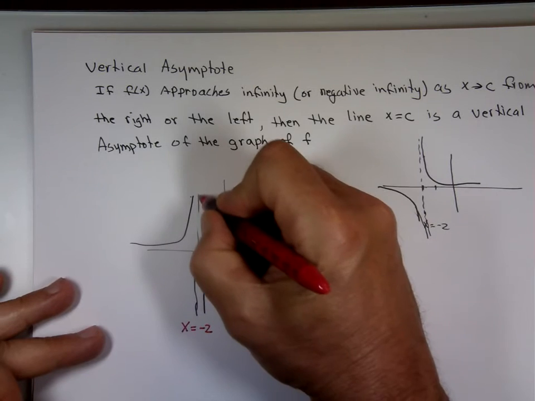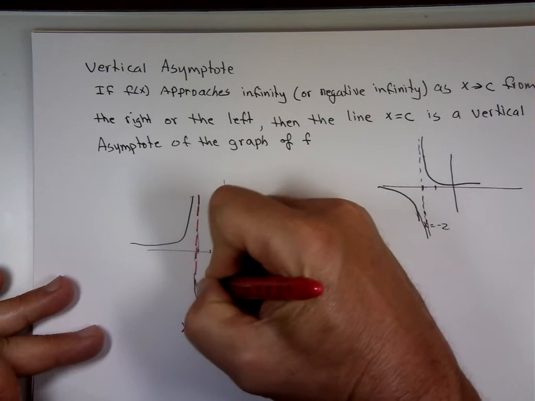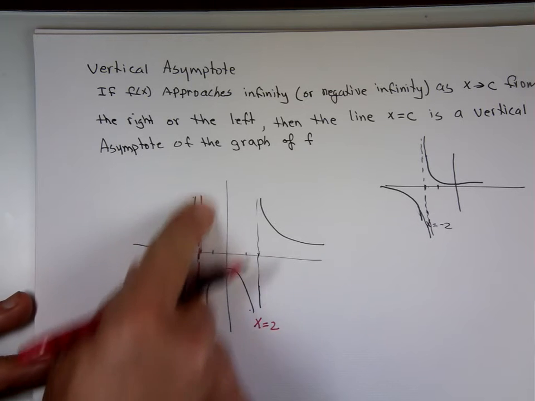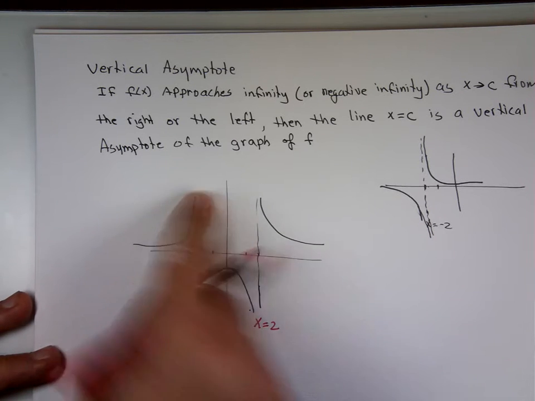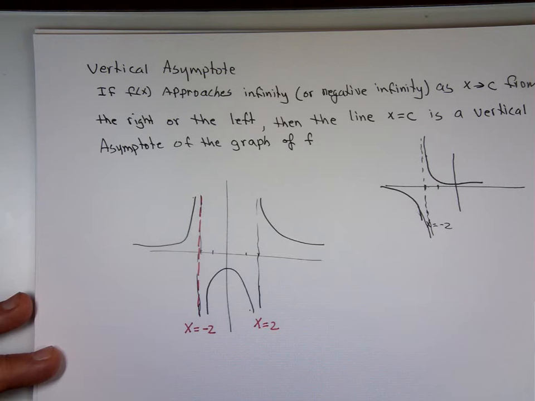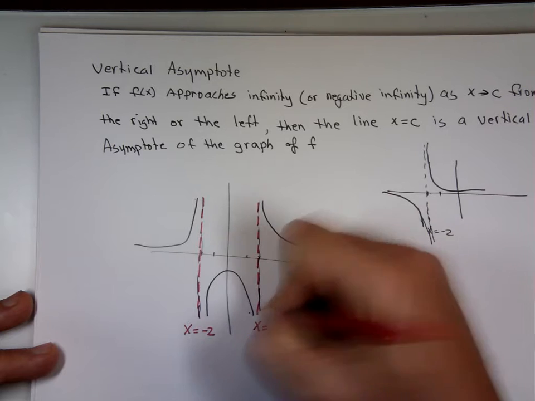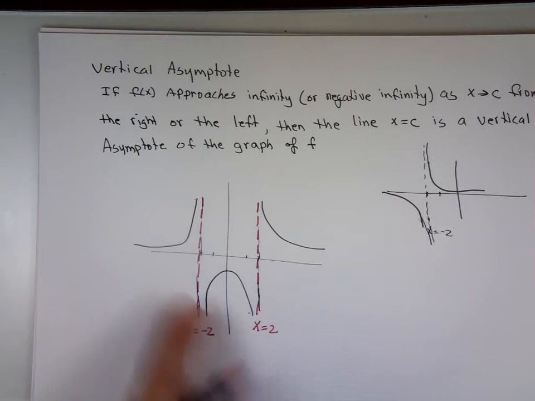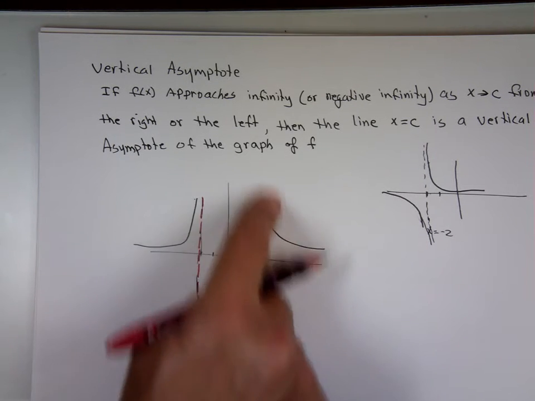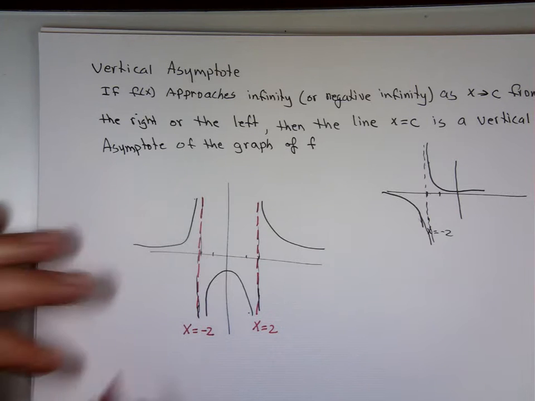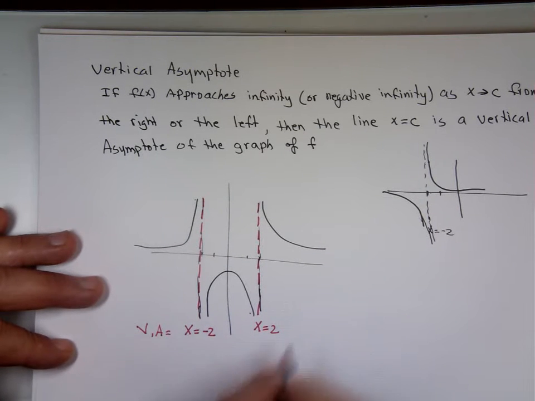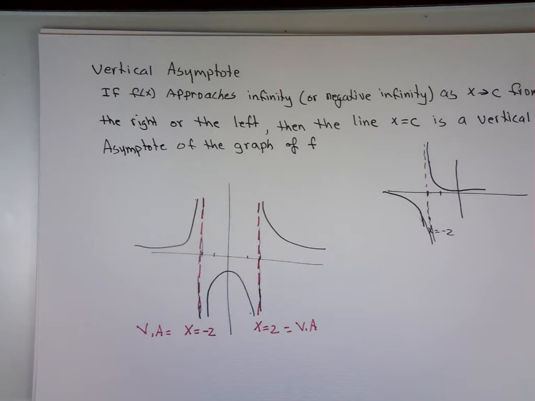Because as you approach this x value, what's happening to the y value? It's approaching either plus infinity or negative infinity. The same thing right here. As you approach x equals 2, your function is either going to negative infinity or plus infinity. So in this case, I have 2 vertical asymptotes. One at x equals negative 2, the other one at x equals 2.